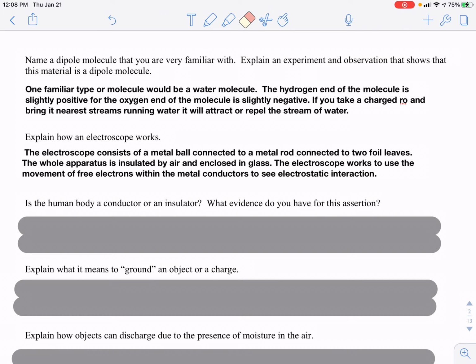The whole apparatus is insulated by air and enclosed in glass to keep the charges essentially able to move on the metal ball, the metal rod, and the metal foil leaves only. The electroscope works to use the movement of free electrons within those metal conductors so that you can see evidence of electrostatic interaction, specifically in the foil leaves. We will illustrate this later on.